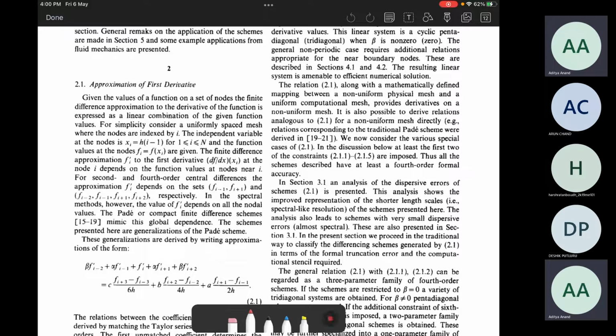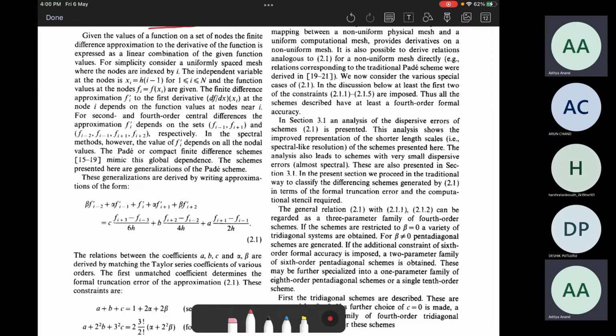It uses this general form of expression to approximate your derivatives.